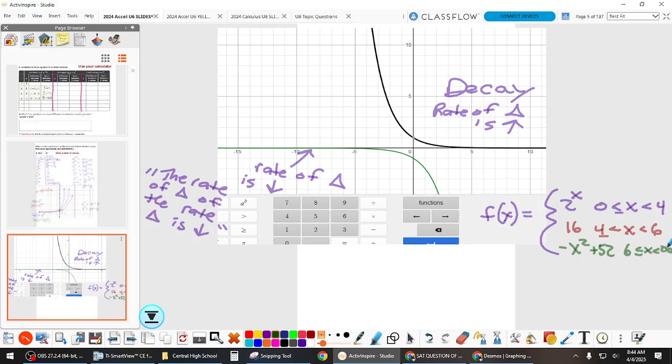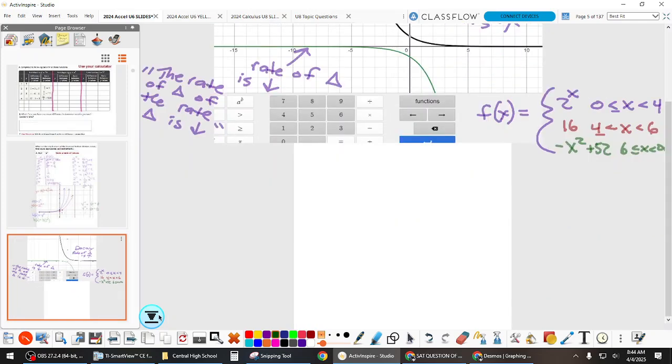So that's called a piecewise defined function, and here's how that would look. Purple one would look like this. It would start at 1, and it would shoot up to 2 to the 4th, which is 16.